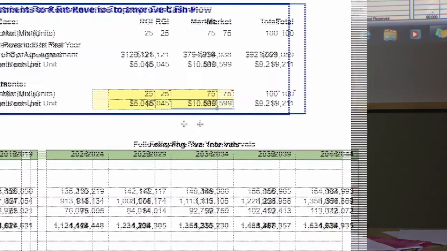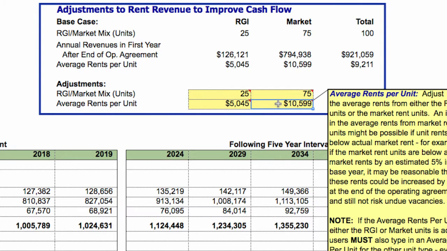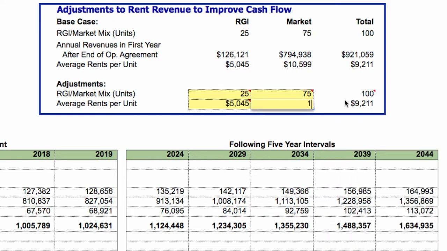But let's say you do want to. You'll have to make an adjustment in here and plug in the actual rent number. So it's showing average rent per unit. You change that. So a 1% increase is going to take you from, right now we're showing $10,599, a 1% rent increase is going to take that to $10,705. Okay?